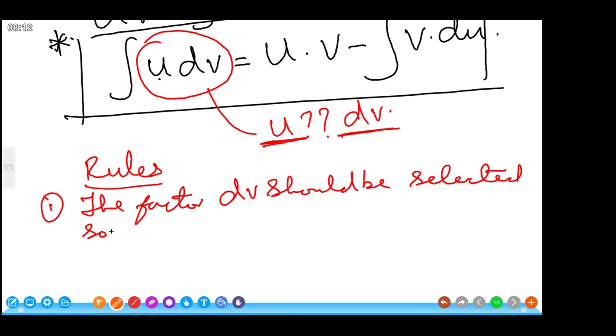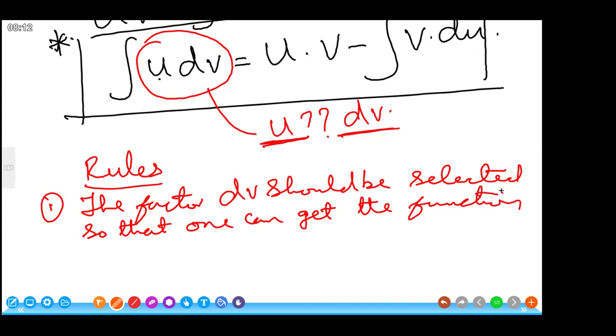So that one can get the function v by inspection. That means first we'll have to identify dv in a function. We will see it with an example.